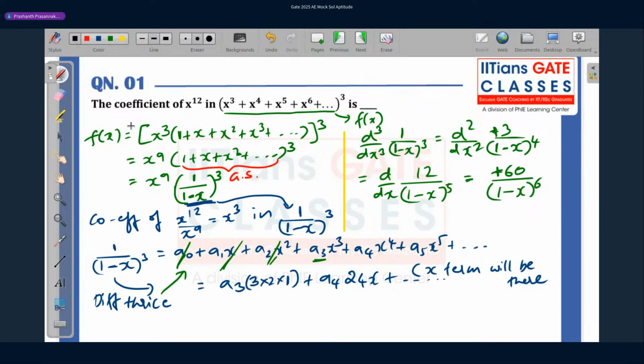So let's move to the final step now, the final answer. What do we want? We simply want a3. So a3 is what? The third derivative of this, 1 by 1 minus x the whole cube, the whole divided by, there is this 3 into 2 into 1, right?